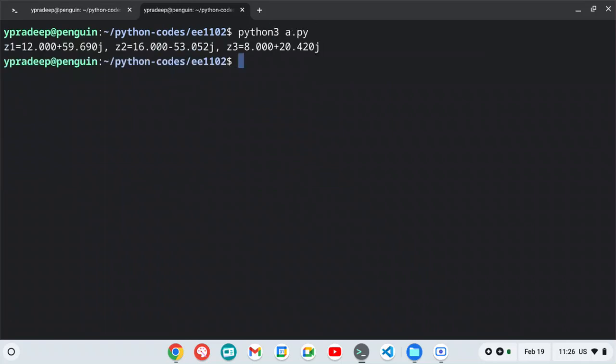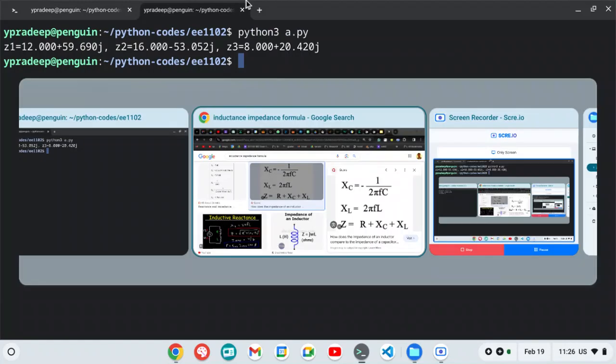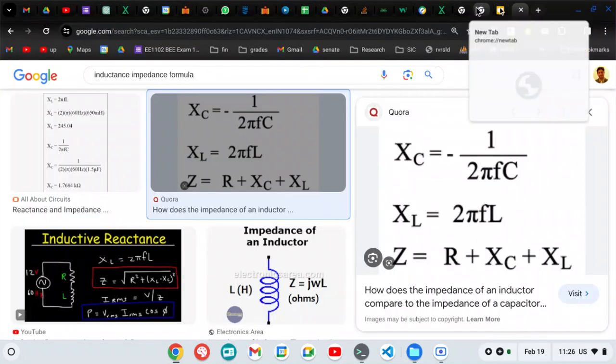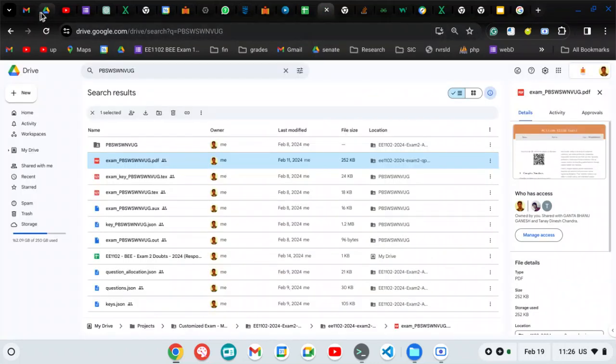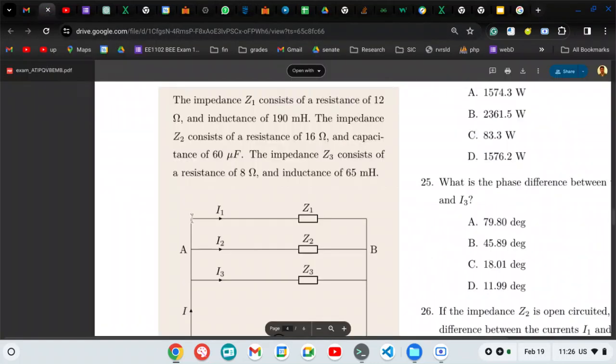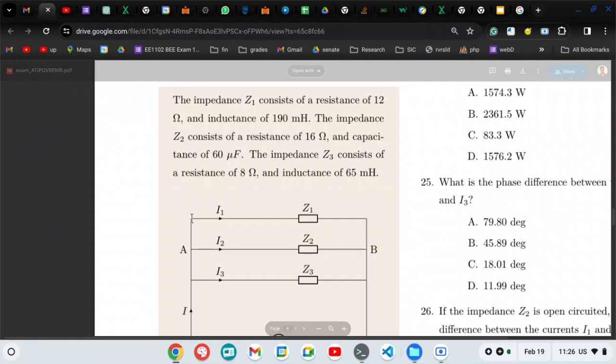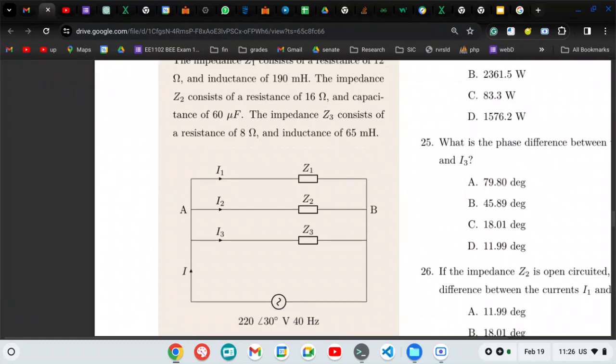Now, how to find total impedance? If I look at the circuit on the screen, the three are in parallel. So what is the total impedance?